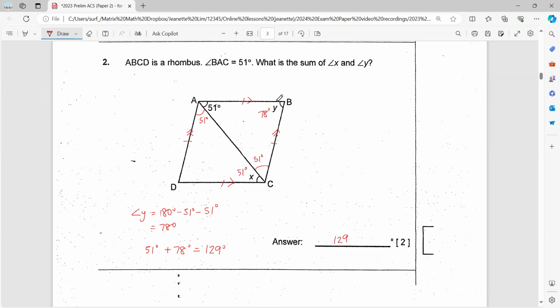So 180 minus 51, you'll get the sum of X and Y. Okay, so that way also works. Or you can also say interior angles for this and this. So to find angle Y is 180 minus 51 minus 51, these two, to find Y. And then you add X. So all those ways are possible as long as you get 129 for the sum.